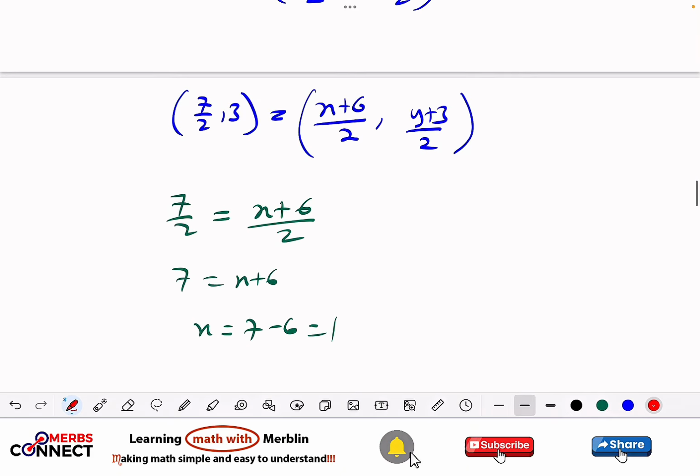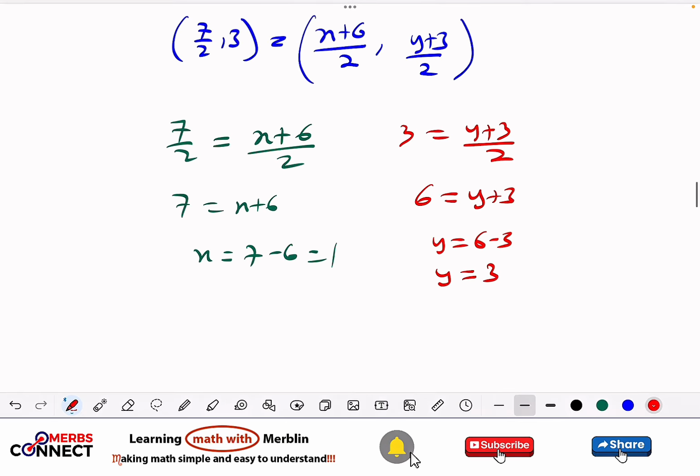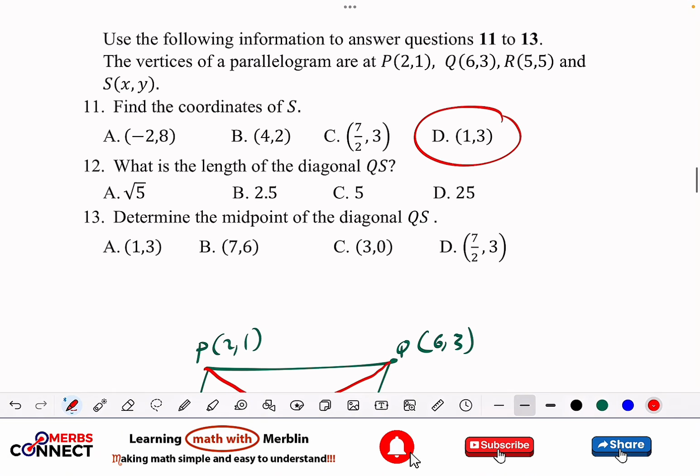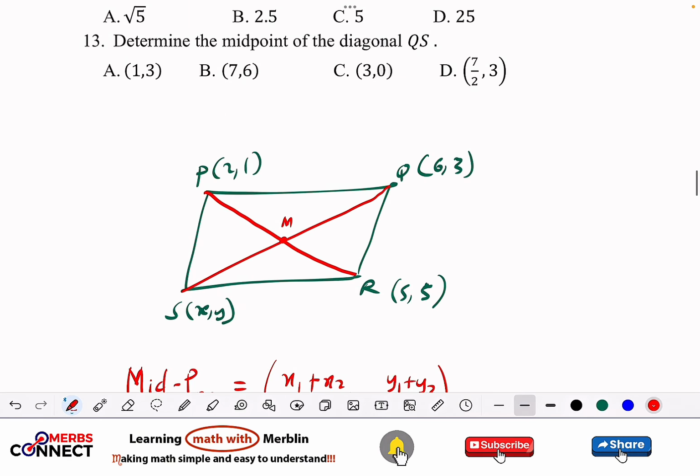Let's check this one. 3 is equal to y plus 3 divided by 2. 6 is equal to y plus 3, and y will be equal to 6 minus 3, so y is 3. So now the coordinate S is 1, 3. Good. So we have it here, which is right. Now that we've gotten the coordinate, we can name this one 1, 3.